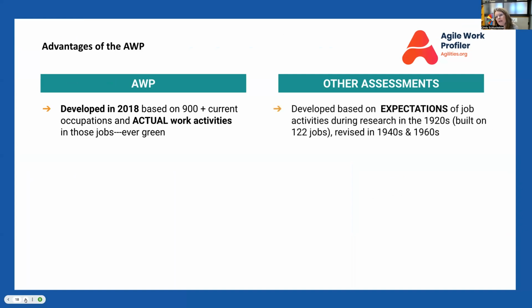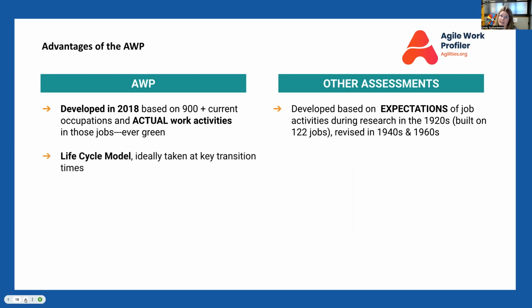The other assessments are based off of expectations of jobs, and a lot of the ones that were 2 slides ago, like the Myers-Briggs, Clifton Strengths, they're dated. So they were built off of research in the 1920s and then revised in the 40s and 60s.